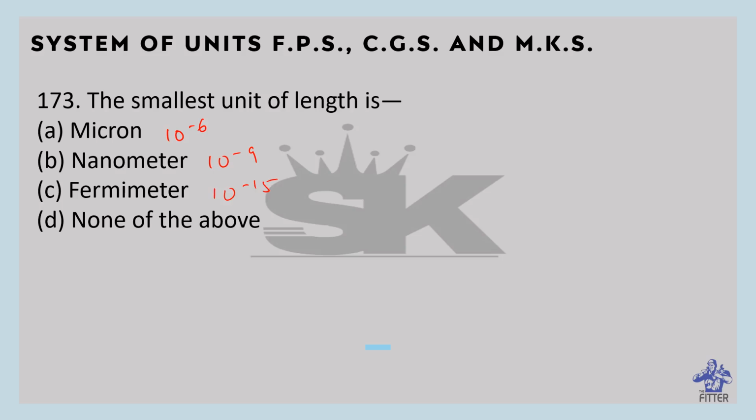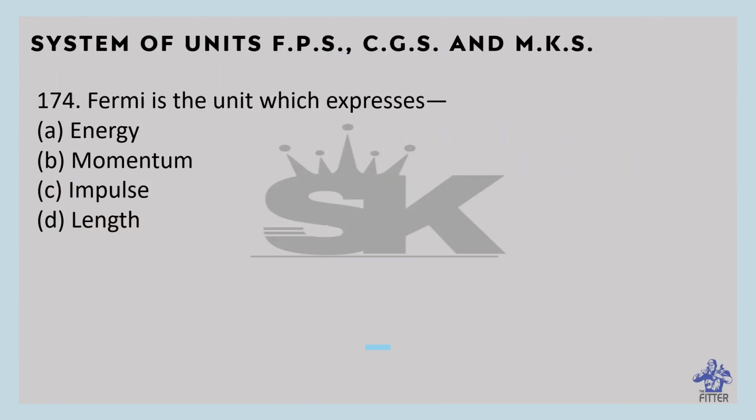So among the options, option C is the right answer. Fermimeter is the smallest unit among the given options. Fermi is the unit which expresses length.